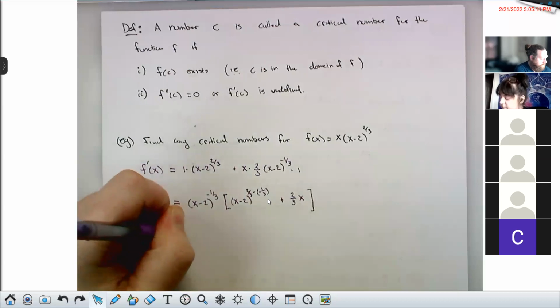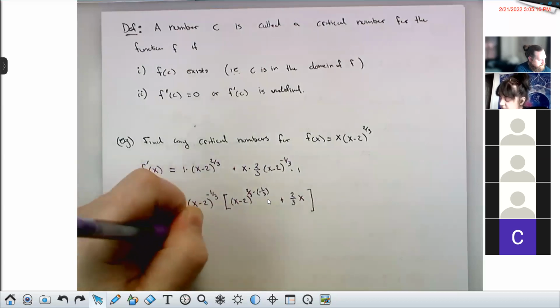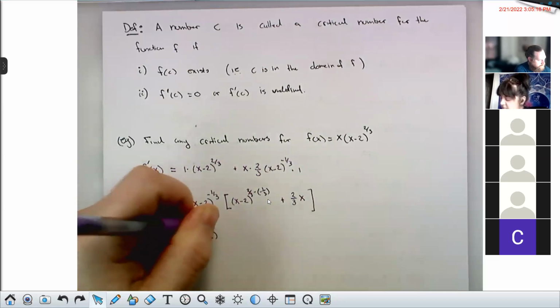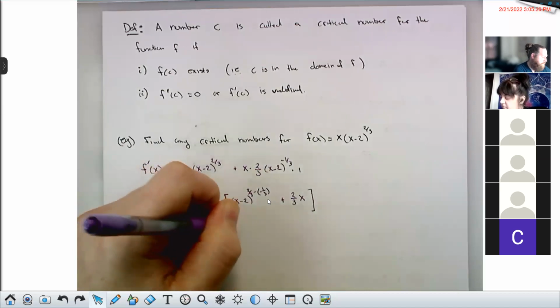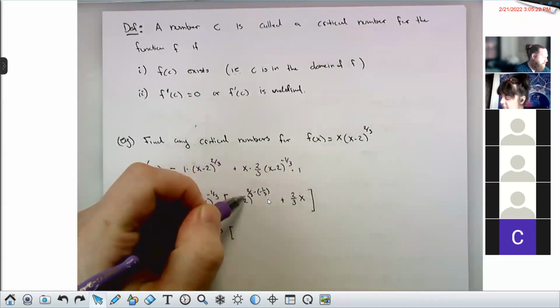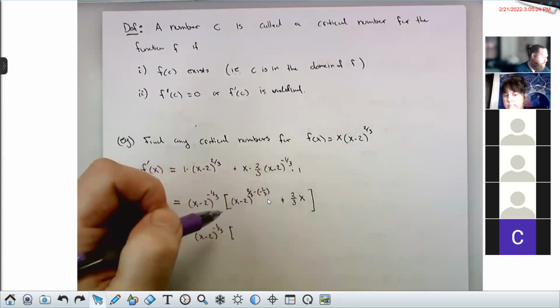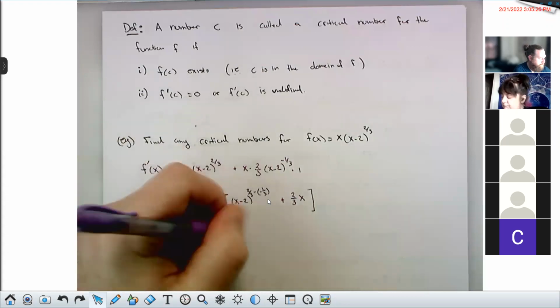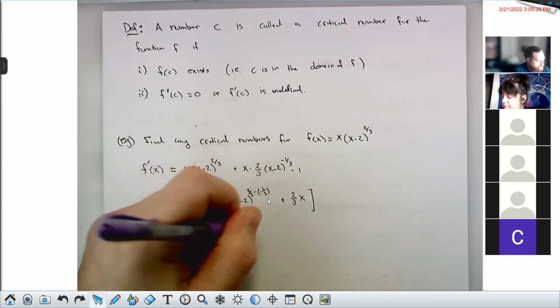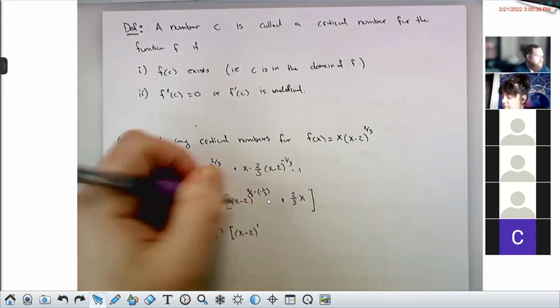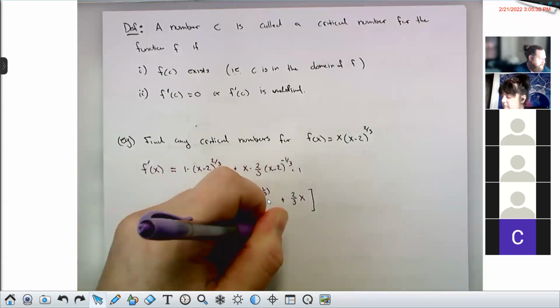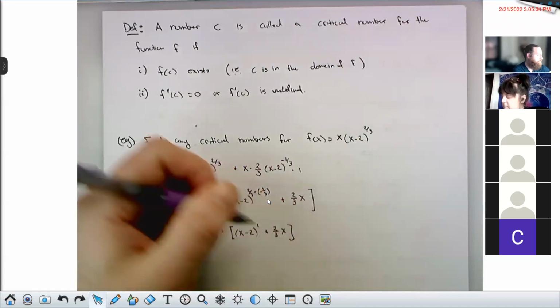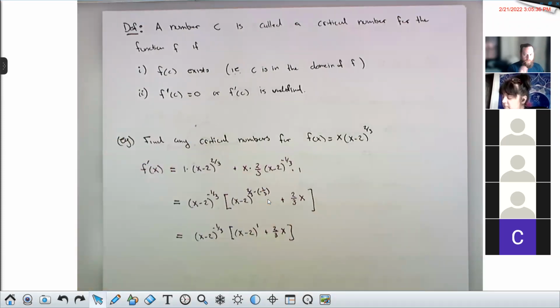That's the consequence of the product rule. So if you take 2/3 and subtract negative 1/3 from it, that's 2/3 plus 1/3, which is 1. So this is x minus 2 to the 1 plus 2/3 x. It's a very nice trick for these algebra problems that can get quite unpleasant otherwise.